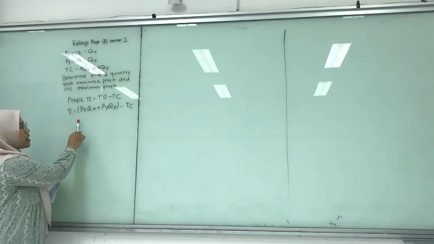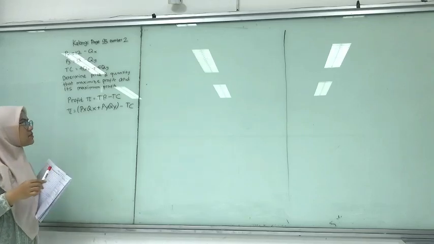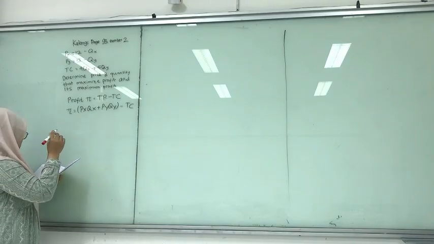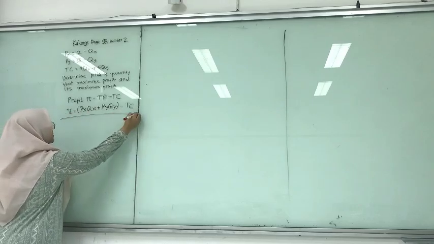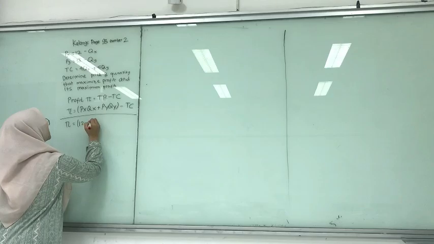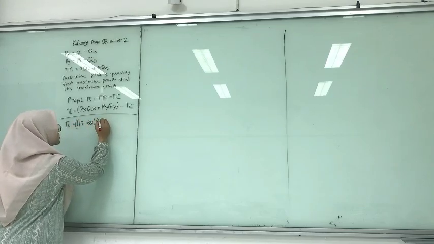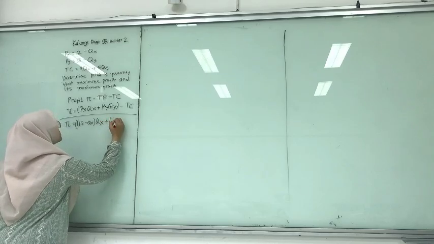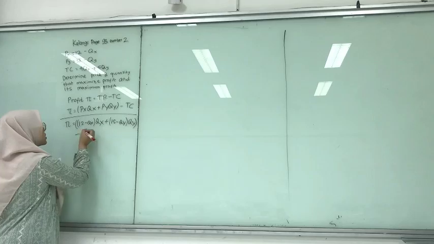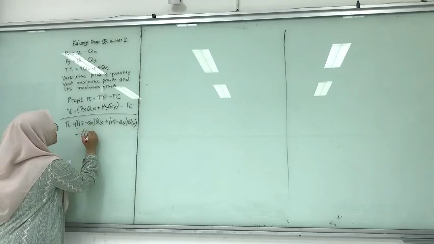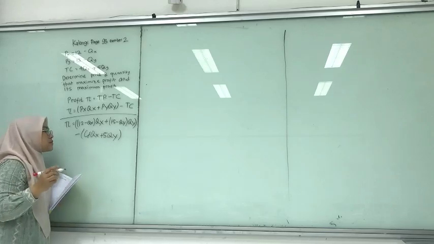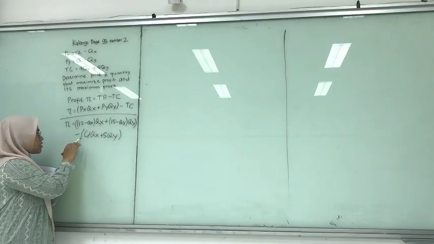TR is equal to Px times Qx plus Py times Qy, minus TC. Don't forget to input the terms.